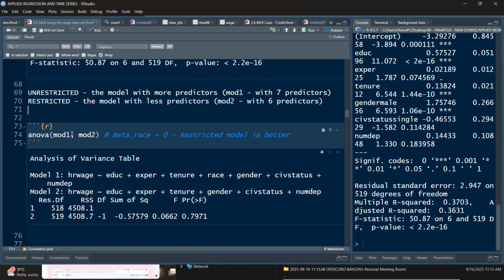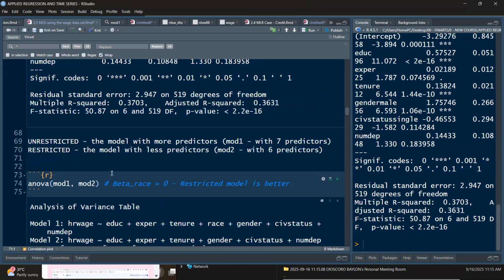We can use the analysis of variance where we compare model 1 and model 2. The null hypothesis here is that the added variable to the unrestricted, which is race, is equal to 0. So we're testing whether the variable race is not needed for the model, which indicates that the restricted model is the better model.